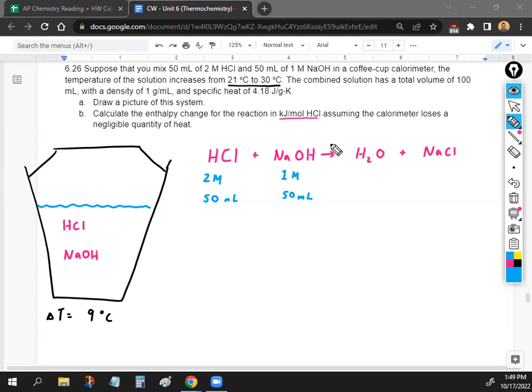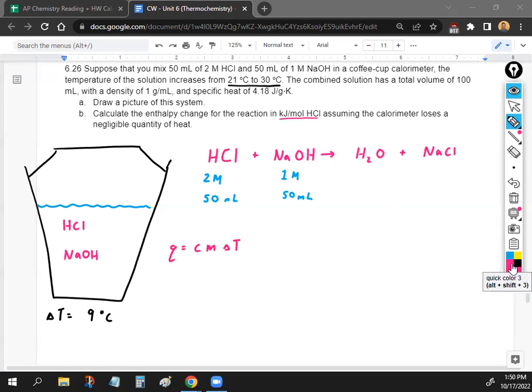You guys good? Okay. Now we want to find heat flow, obviously, because we're using the calorimeter. So we can just copy that down. Q is C M delta T. Now we just need to plug in the values into this equation.